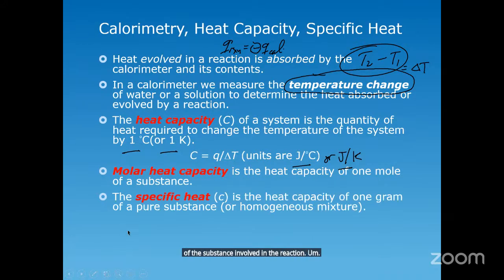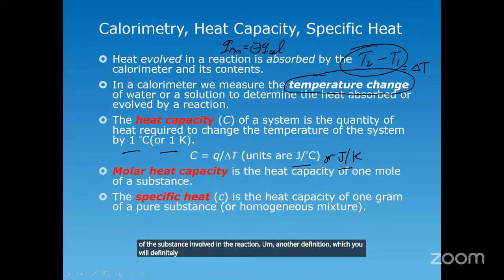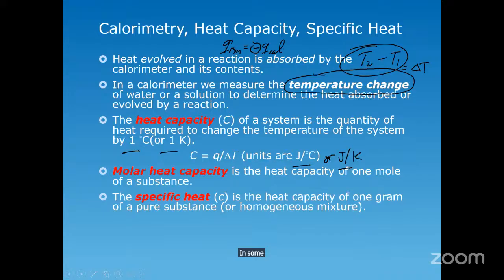Another definition, which you will definitely be using in this particular chapter, is what is called the specific heat. In some textbooks, they call it the specific heat capacity, or simply specific heat. Same thing.